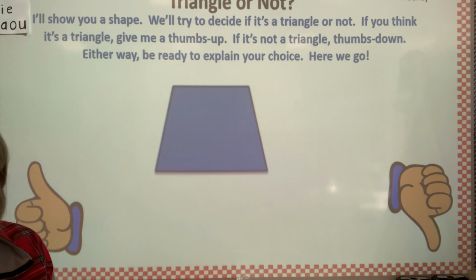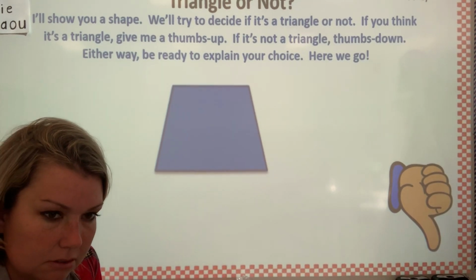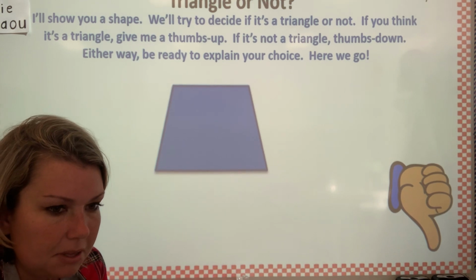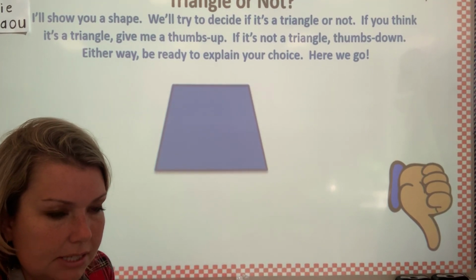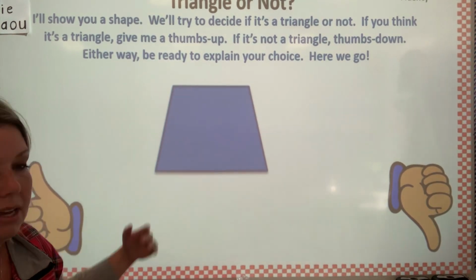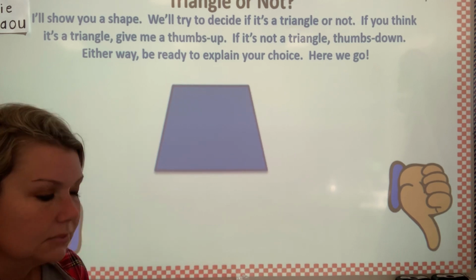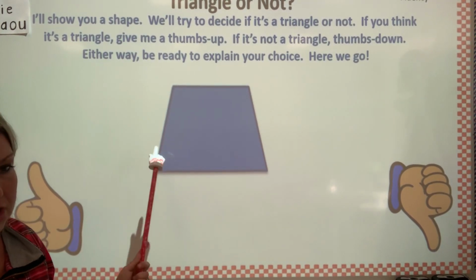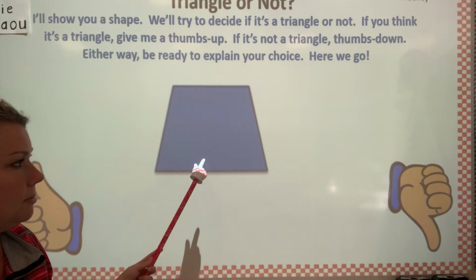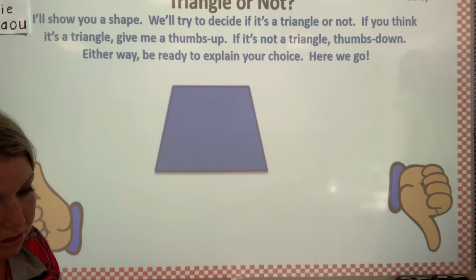Okay, what about this? Is this a triangle? Austin, why is this not a triangle? It also has 4 sides. Well, the last shape had 4 sides and this shape had 4 sides, but it does look a little bit different. It's still not a triangle.